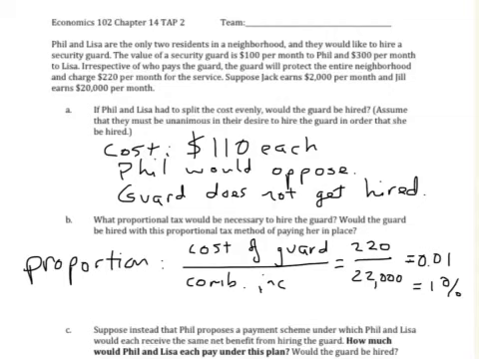But be aware that I could have had the guard cost 250, and then the right answer would be 250 divided by 22,000, which is going to be 1.25%.